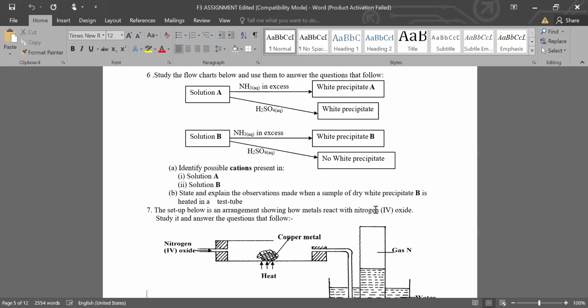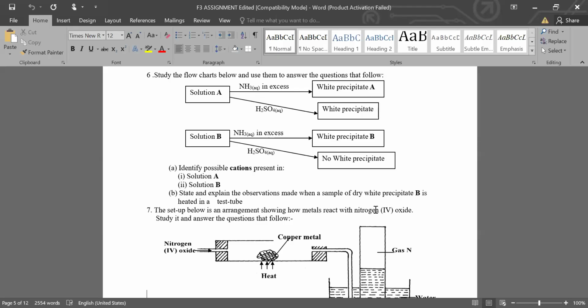To answer that question, we move back to which cations will form a white precipitate in excess ammonia. One of them will be magnesium, the other one is aluminium, the other one is calcium.